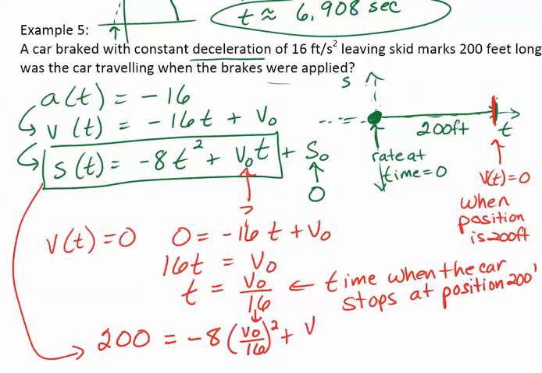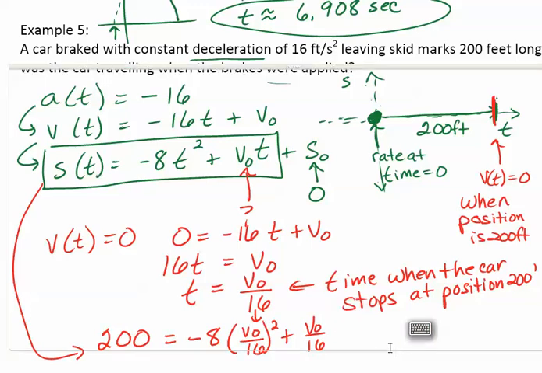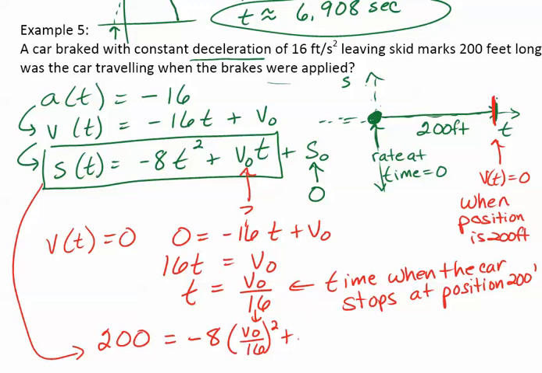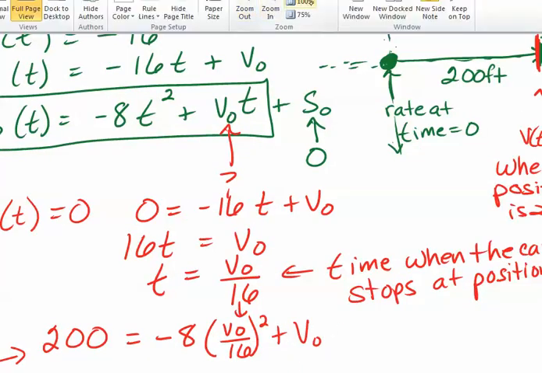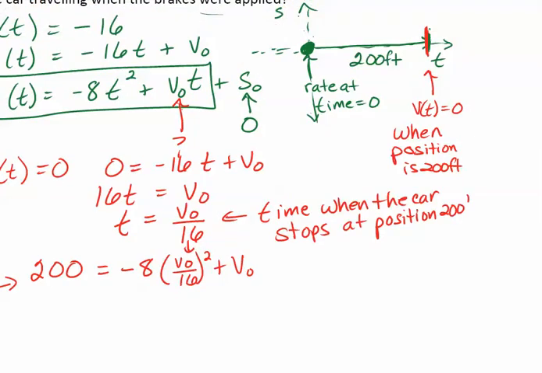So we've got to solve this equation, with a v sub 0 times another v sub 0 over 16. This is the time that we're putting in, and we know that the position at that time is equal to 200 feet. So t represents our stopping time.